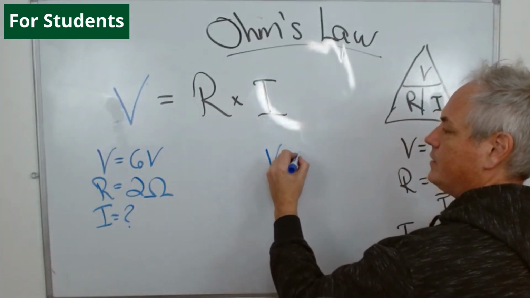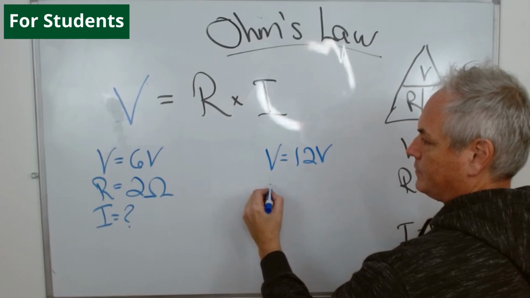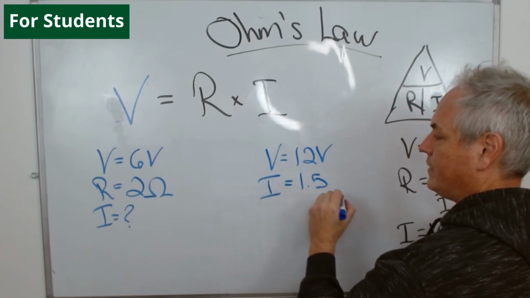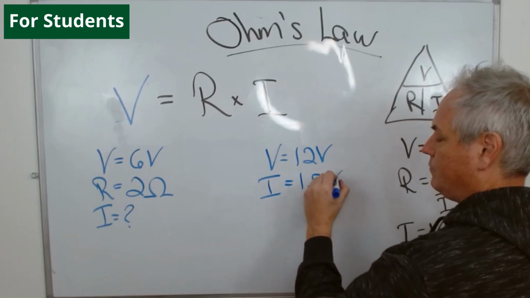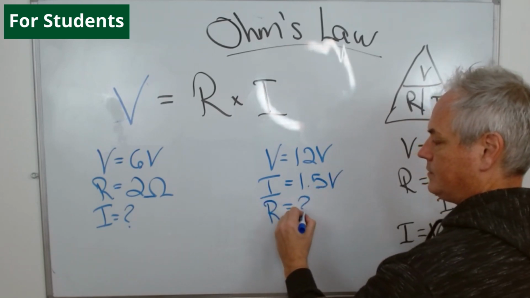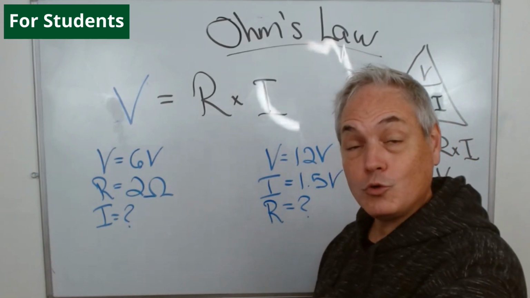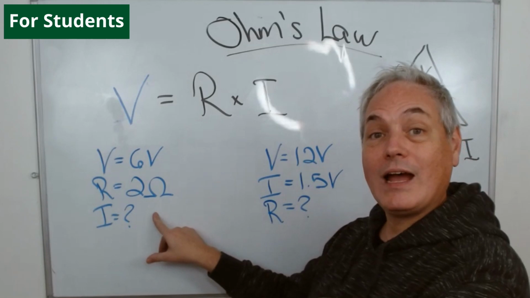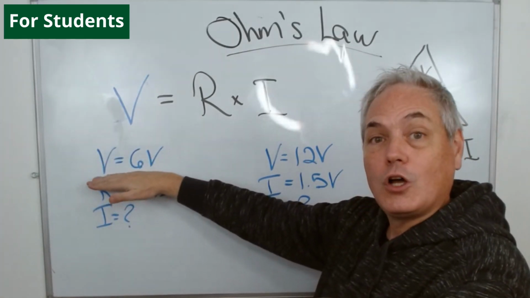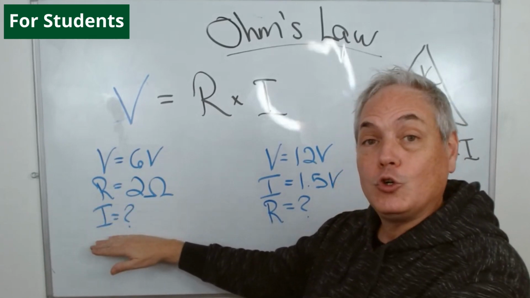And in the other one, we have V, we have the intensity, which is 1.5, and resistance. So here are 2 more examples. In this example, I have a circuit with 6 volts of energy, a resistance of 2 ohms, and I want to know the current.